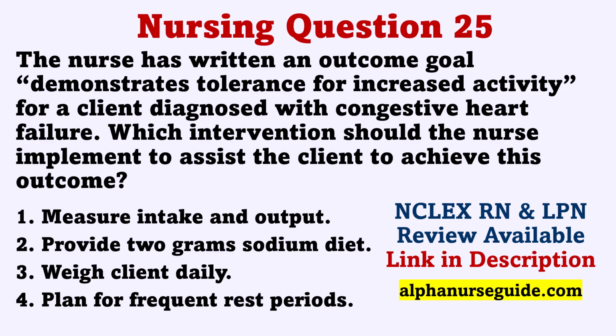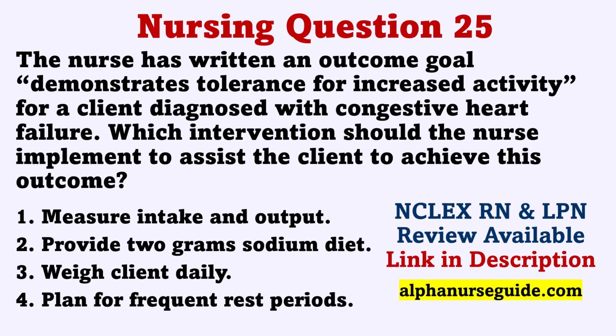The correct answer is 4. Plan for frequent rest periods. Scheduling activities and rest periods allows the client to participate in his or her own care and addresses the desired outcome. Measuring the intake and output is an appropriate intervention to implement for a client with CHF, but it does not address getting the client to tolerate activity.